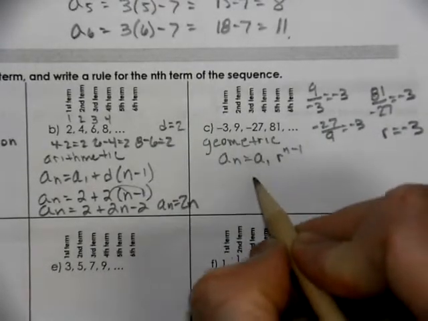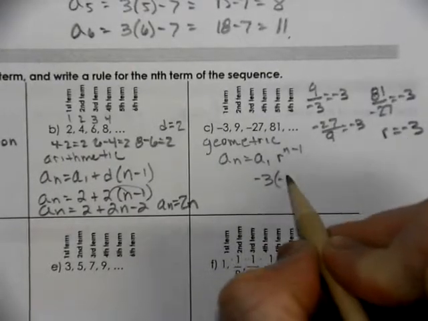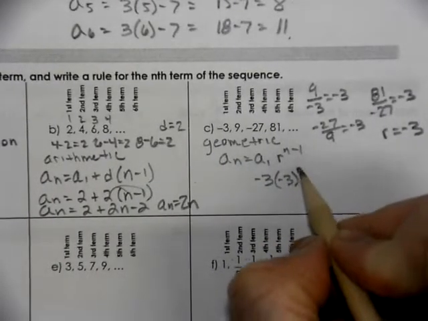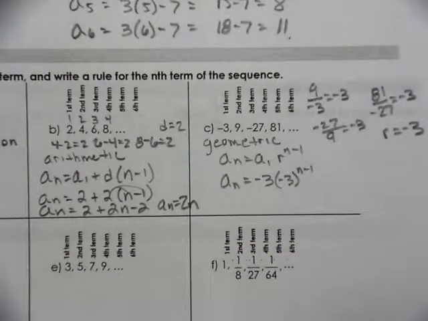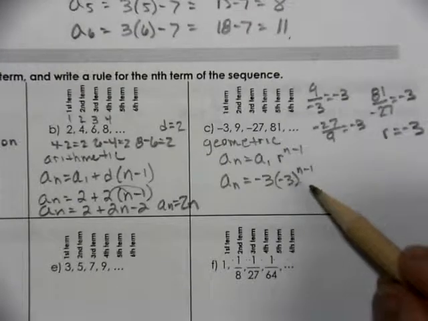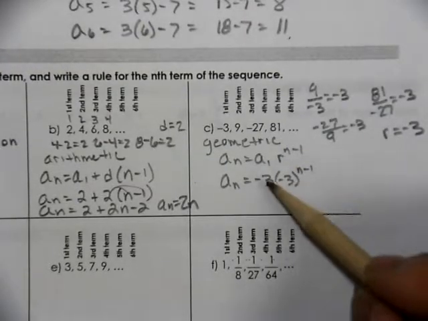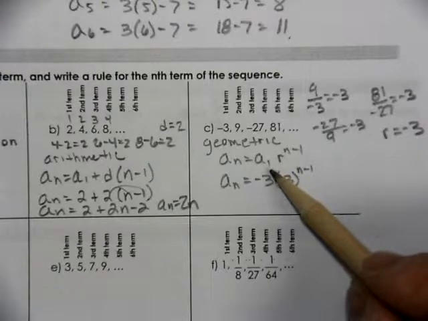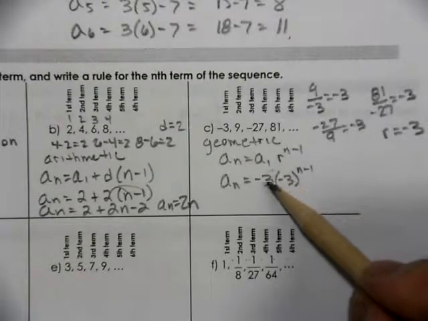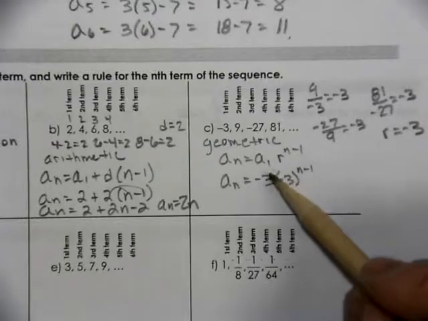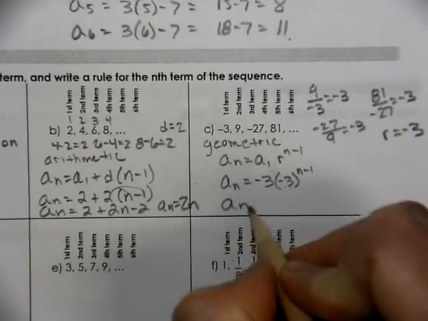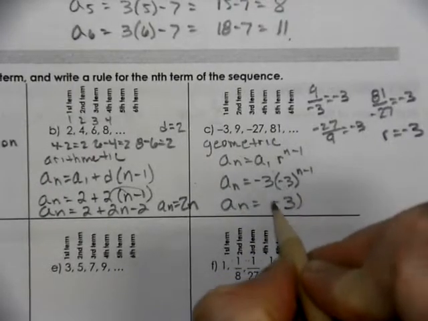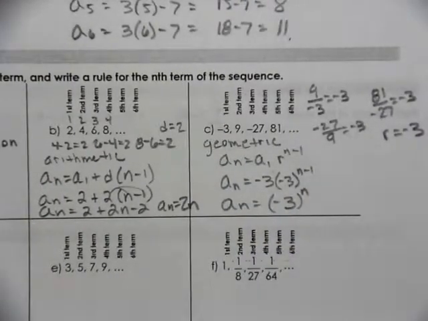So our first term is -3. Our ratio is -3 to the power of n minus 1. You could possibly leave it like this. That would be following our format. But because the bases are the same, and this has an exponent of 1, if the bases are the same, you add exponents. So 1 plus n minus 1 could actually give you -3 to the n power.